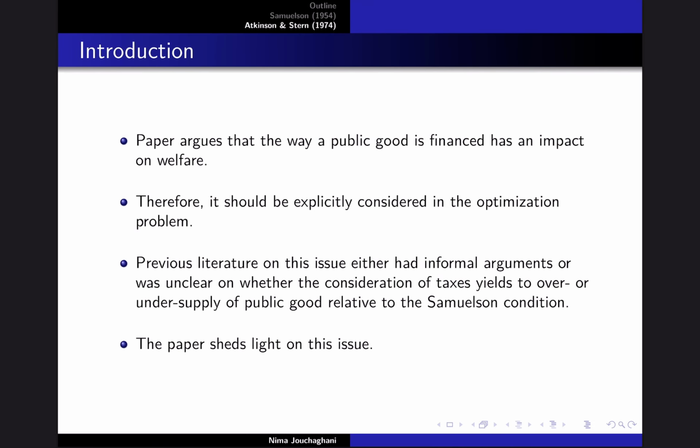So the paper starts by arguing that the way that a public good is financed has an impact on welfare. Basically the idea is that lump sum taxes do not cause distortions, and therefore they do not cause a change in the behavior of individuals. And there is no consequence for efficiency.